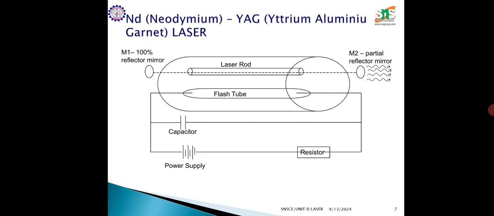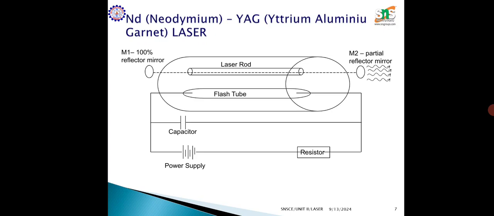Here we have an elliptical cavity. In that we have a laser rod. That rod is made up of yttrium aluminum garnet doped with neodymium atoms. A flash lamp is also placed here. Here we are using a xenon flash lamp, which is connected with a capacitor and resistors that can control the flash lamp.